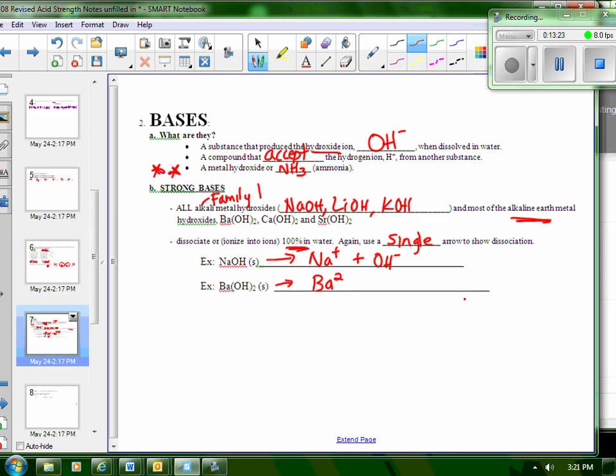It's going to break into Ba2+, but how many OHs are you going to get out of this one? 2 OH-. So barium hydroxide produces 2 OH- for every barium hydroxide. You could say that barium hydroxide is a stronger base than sodium hydroxide, because it produces more OH-, and the more OH- you have, the more basic the substance.